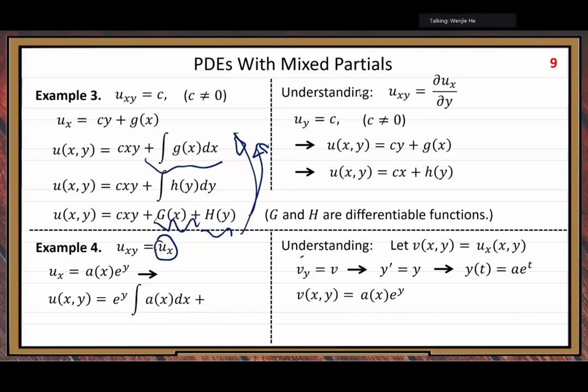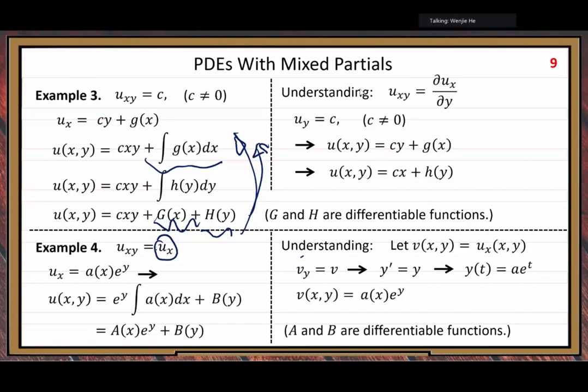But here x is the variable, so this constant term should contain a certain function of y, because we treat y as the constant parameter. B of y, capital B of y. The function from the integral of a of x we can represent by capital A of x. So then plus this function capital B of y. That's the solution. A and B are differentiable functions.